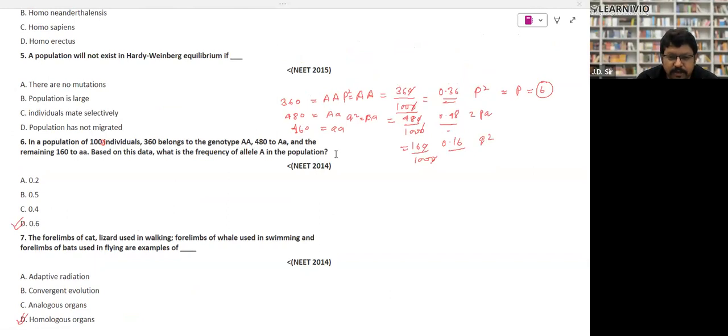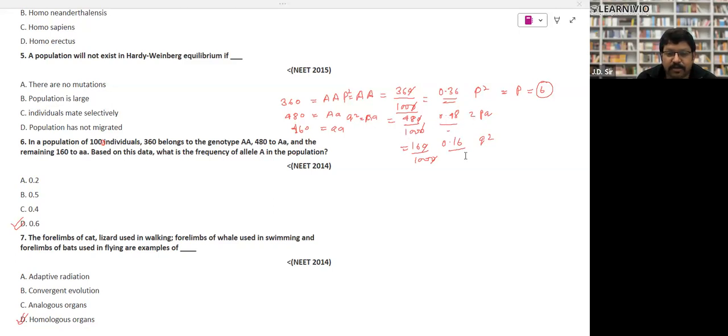All data is given, so here we'll take p square. So p square is equal to AA, right? So 360, what will be the value of p square? 0.36, right? And q square will be 160, that is 0.16, and 2pq is 0.48.